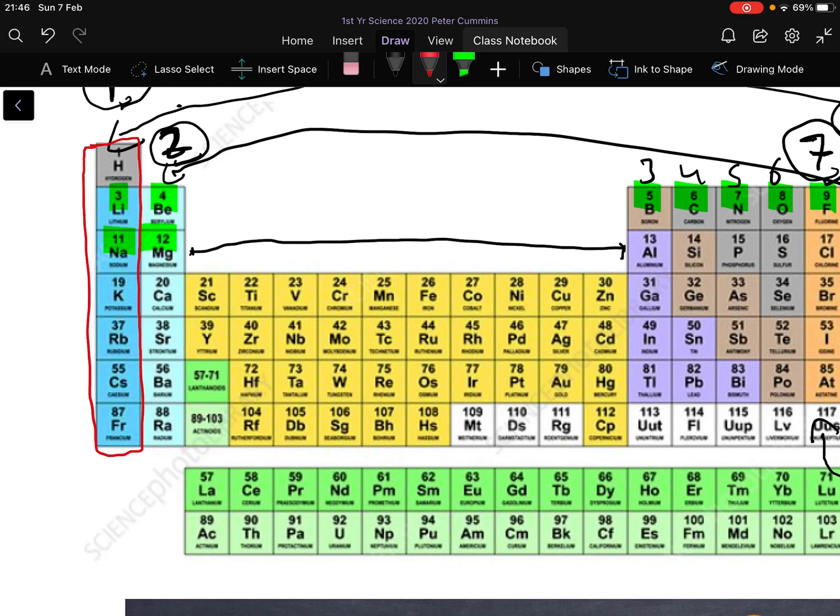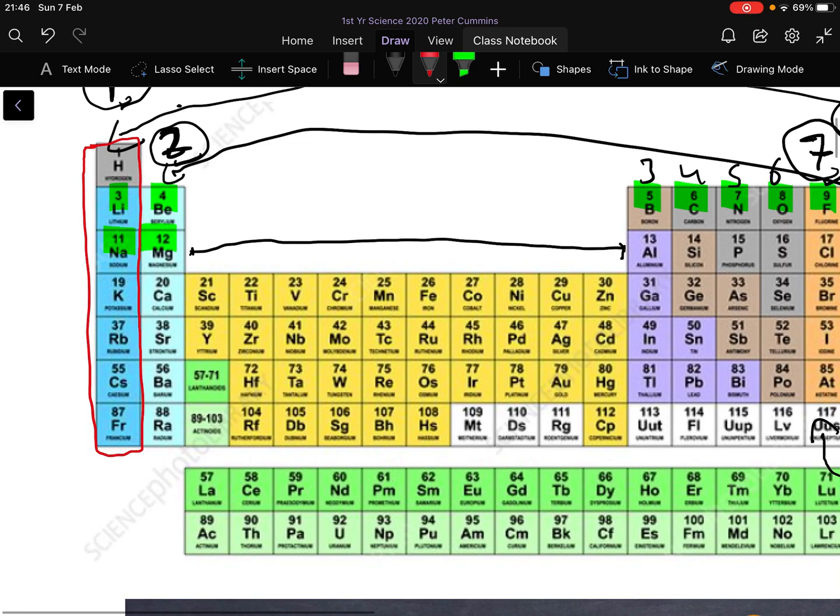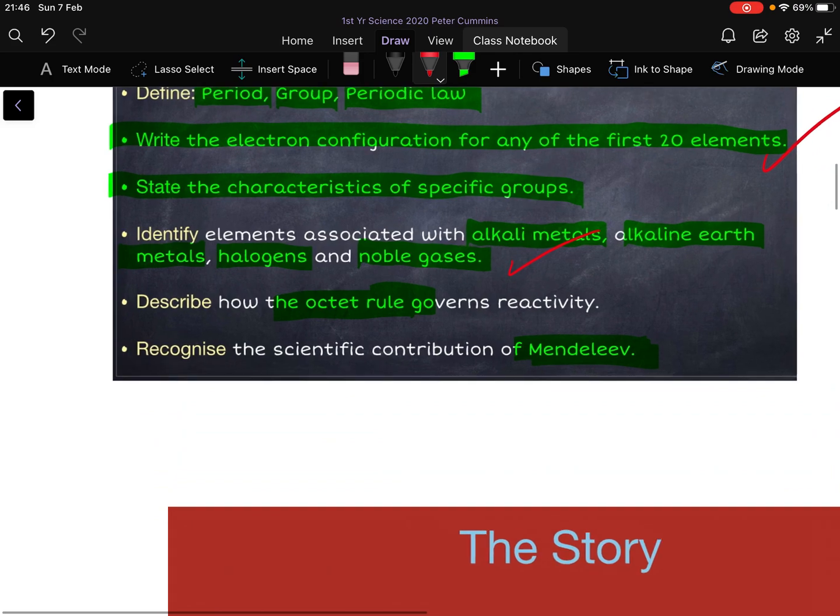These are called the alkali metals. So all of the ones in this group are called the alkali metals. That means lithium is very similar to sodium, potassium, rubidium, cesium, and francium. So the ones in group 1 have similar characteristics. They behave the same.